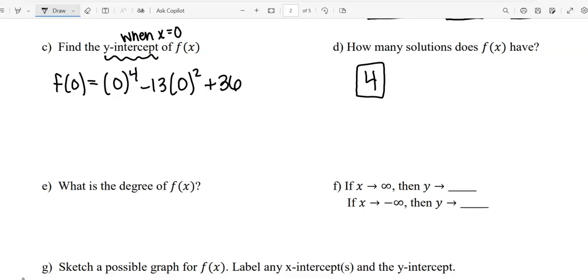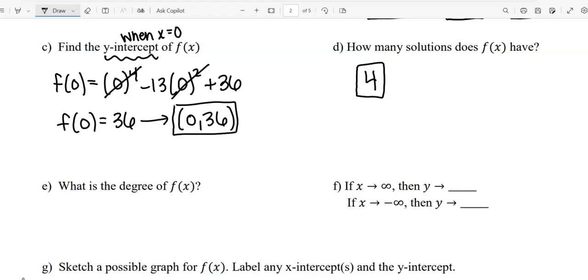Yeah, you plug in 0 for all your x's and you're only left with your constant term, right? What is that constant term? 36. So what's your y-intercept? 0, 36. That's a key point when we go to graph things. We'll be practicing that quite a bit today, but that is what standard form is most useful for, finding the y-intercept.